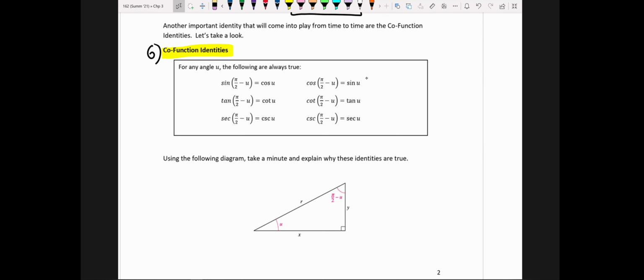So let me rephrase that. They're separated by a shift and possibly by a reflection. But the shape for sine and cosine are the same. Tan and cotan are the same. Secant and cosecant are the same. Basic shape. You just have to either shift or reflect to go from one to the other.